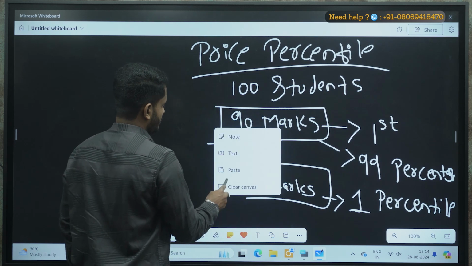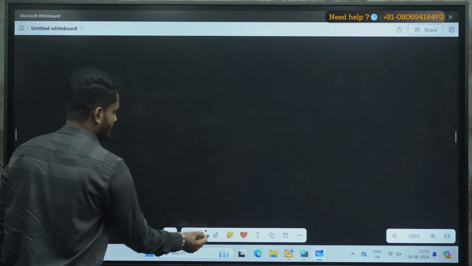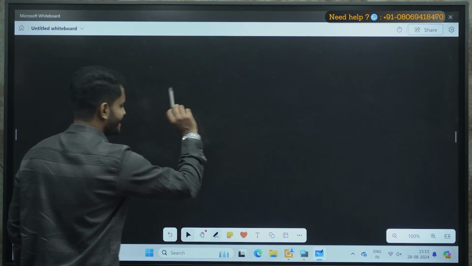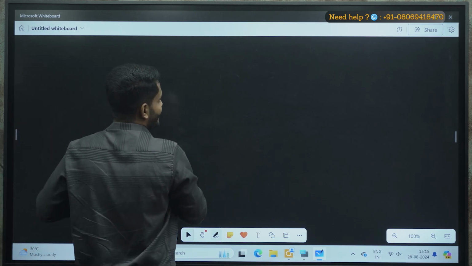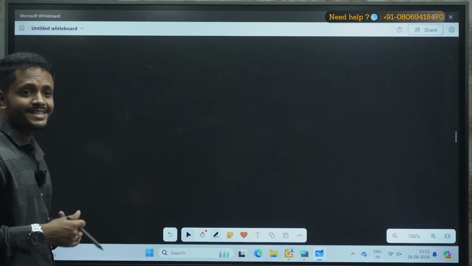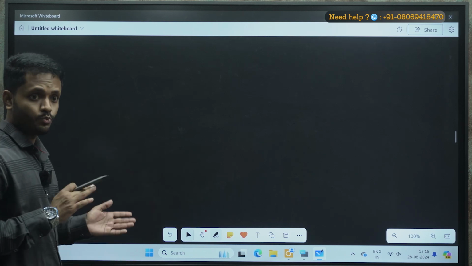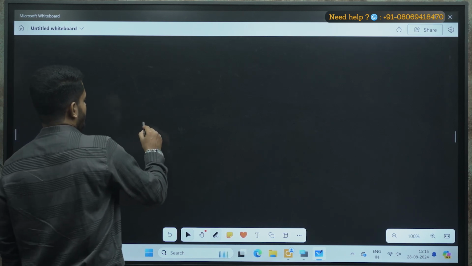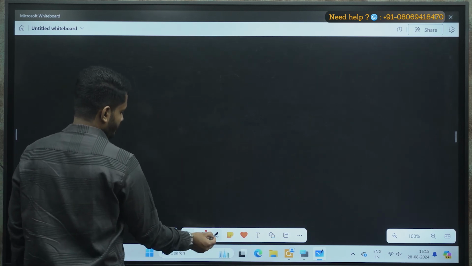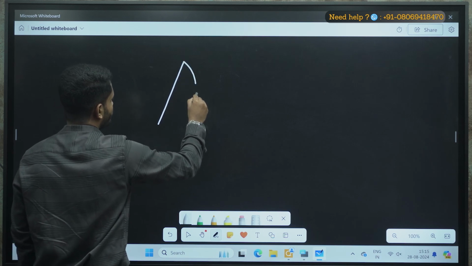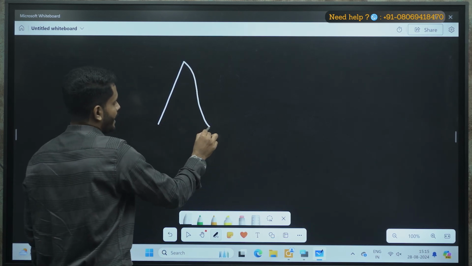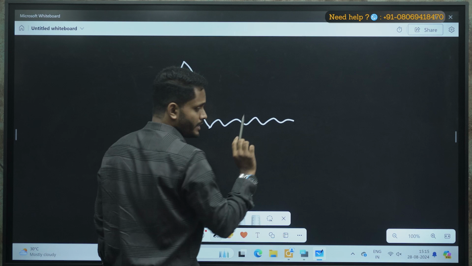Let's assume any stock, for example HDFC Bank, and let us assume that we are considering the data of the past 180 trading days. HDFC Bank moved up, it came down, and then it's in a consolidation phase.